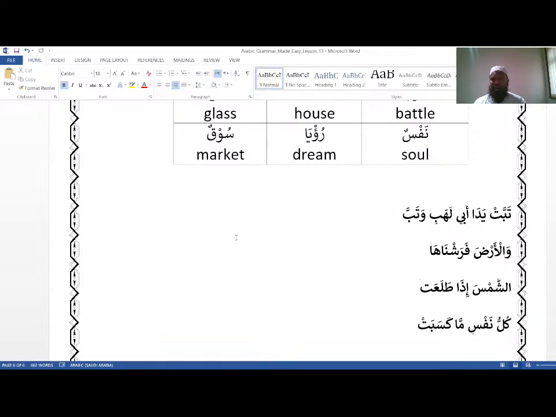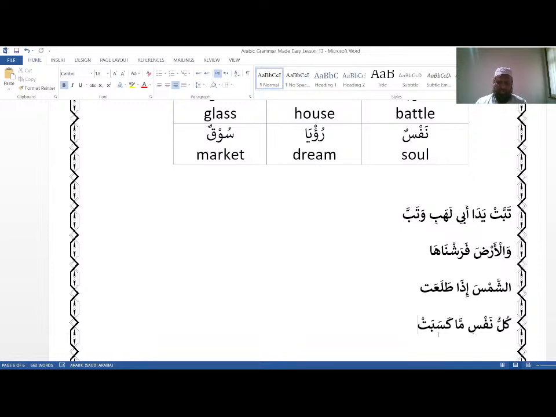Next, kullu nafsin ma kasabat. Kasabat. There is no ism after kasabat, so why is the muannas siga used? Let's look for the fa'il, which is here, a damir referring to nafs, soul. So nafsun is also muannas. Kullu nafsin, every soul. What is this ma? We've learned how to make fi'l madi negative by using ma.